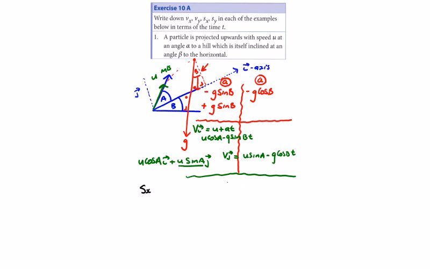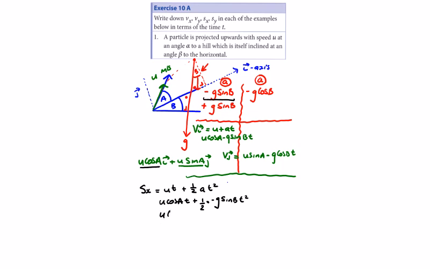Now let's look at the displacements. s of x is ut plus a half at squared. So u again being u cos A times t plus a half times acceleration, which if we're going up the plane is minus g sin B, times t squared.